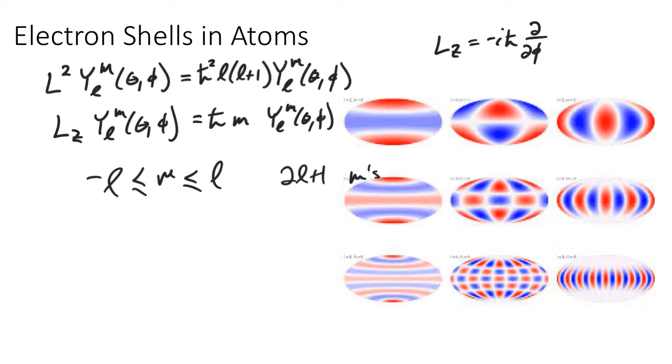So every time we have spherical symmetry, we're going to want to expand the angular part in spherical harmonics. And even if there's not spherical symmetry, if we treat the problem in spherical coordinates, we can still use the spherical harmonics in the solution.